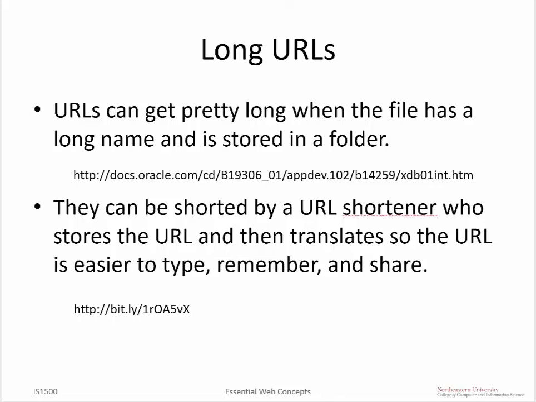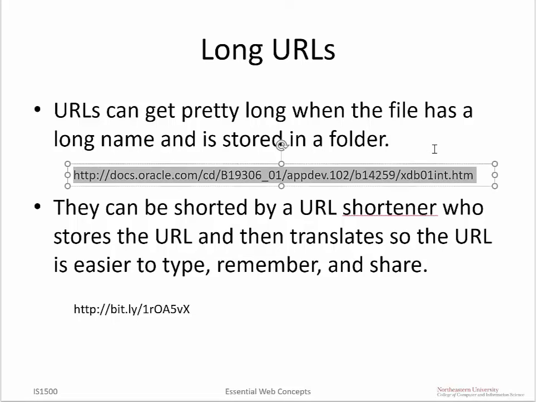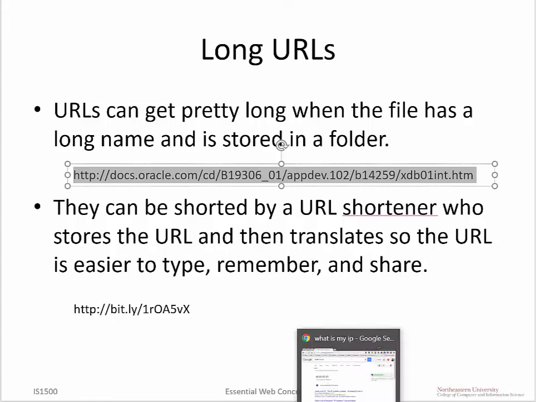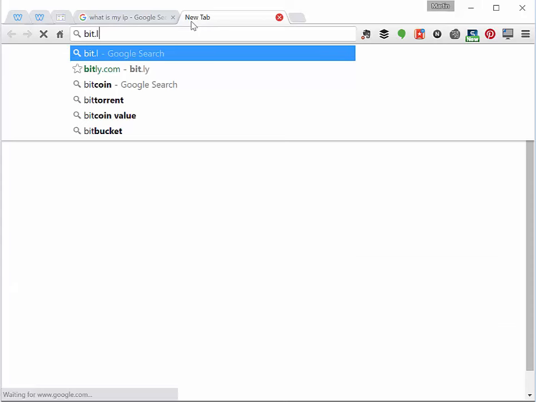One example is bit.ly. You go to bit.ly and you type in the URL of a very large URL. Let me actually just grab this here for a second. You can do this yourself too, you can follow along. Let me copy this. Let me go to bit.ly.